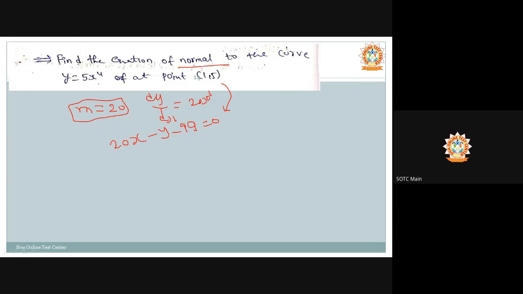Tell me the other answer: x plus 20y minus 99 is equal to 0. Sorry, sir, minus 101. Yes, this is the correct answer. Even if it is a tangent equation, it needs to satisfy this point (1, 5). So what will become? 20 into 1, 20 minus 5 minus 99. Is it satisfying?